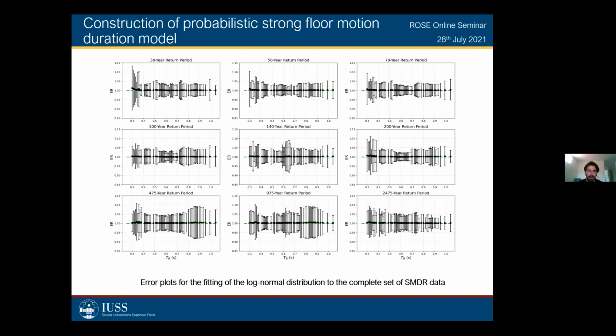What you see in there is a set of points that have a vertical error margin, represented by a vertical bar with two caps at the extremes. As you can see, for all the return periods, the dots represent the mean error ratio.